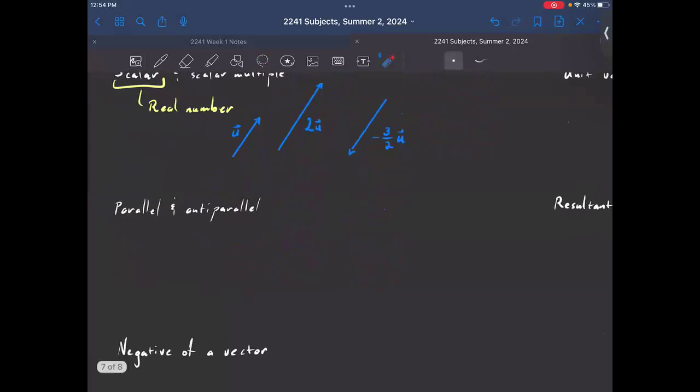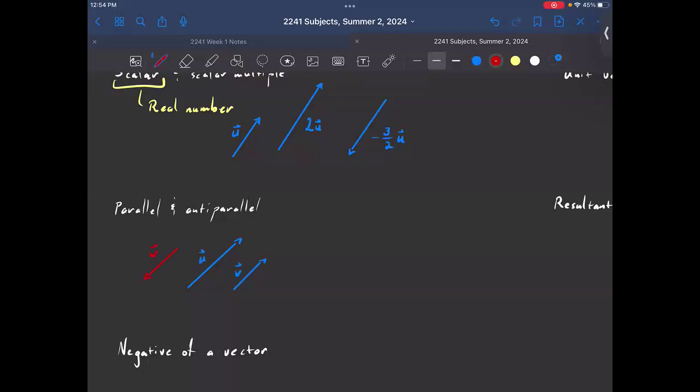All right. So parallel and anti-parallel vectors. If I have a vector u, a vector v, and another vector w, let's put w over here maybe, then let's say w points in that direction, u points in that direction, v points in that direction, u, v, and w here.